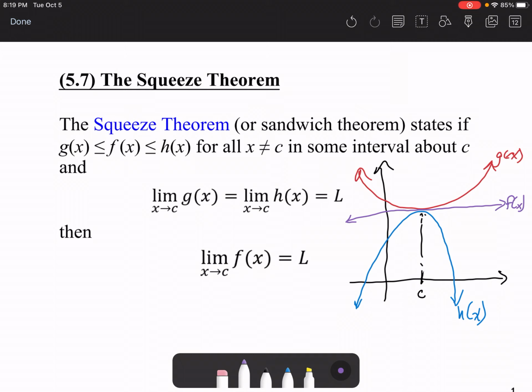So the squeeze theorem states, if you can prove the limit as x approaches c of g of x equals the limit as x approaches c of h of x is equal to some value L, where f of x is between g of x and h of x for all x values near c, not equal to c, then the limit as x approaches c of f of x is equal to L.